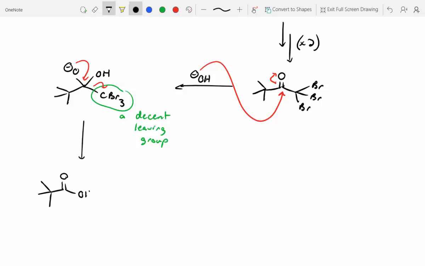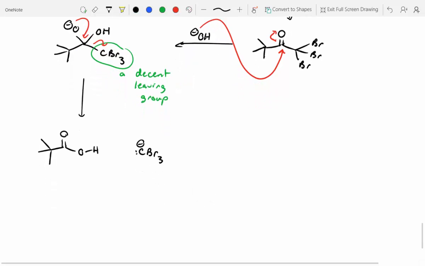So we've got our, actually let me draw out this bond, and then CBr3 as an anion. In this case, the anion is very stable because of all the induction, right? In your case, you guys had chlorines on there. That makes it even more stable because chlorine's more electronegative than bromine.